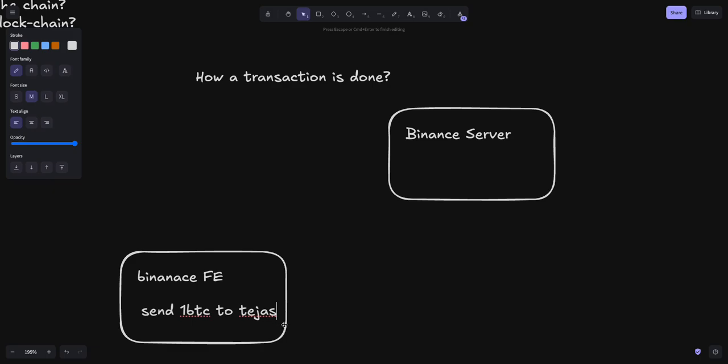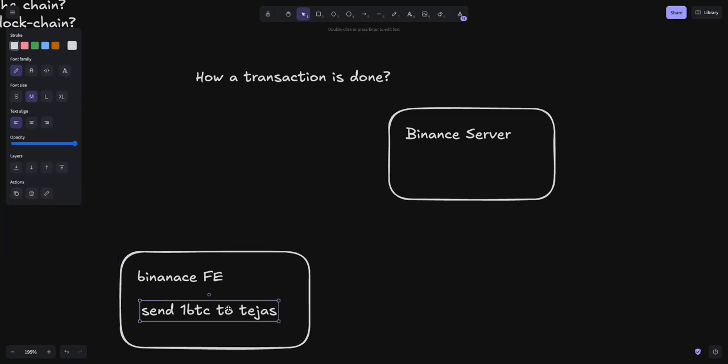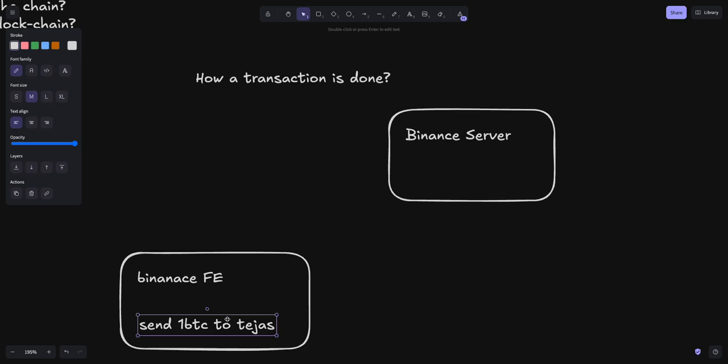So what did I say to this Binance frontend? That hey, send one BTC to Tejas, right? In the Bitcoin network, anyone is not known by their name. Everyone is known by their public address, right?